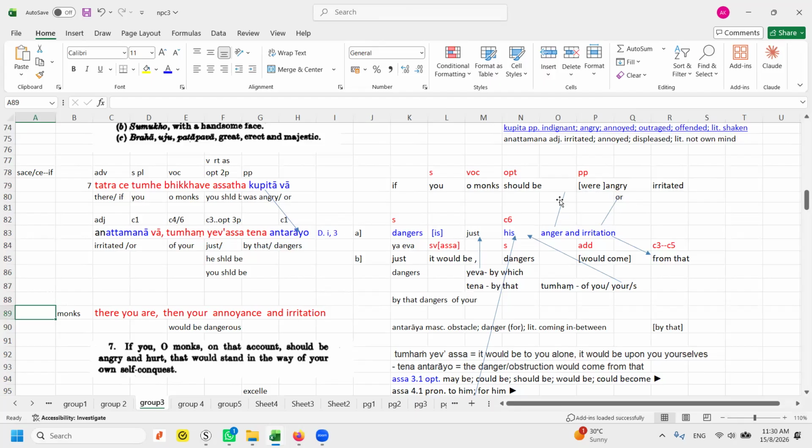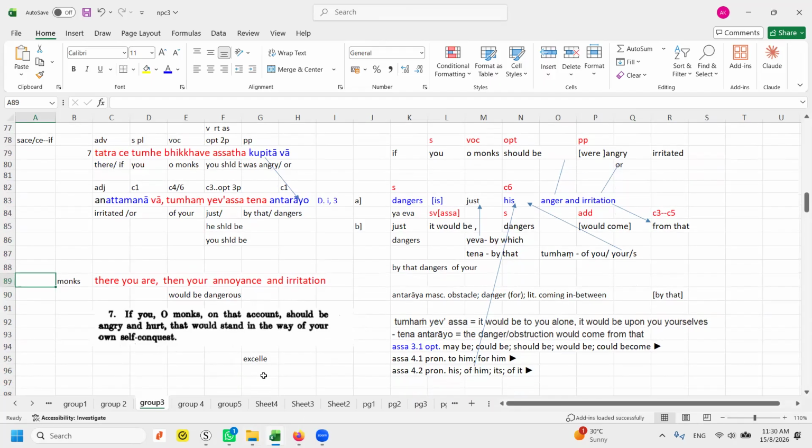So I think using "were angry and irritated" is better. Okay, your anger and irritation is the danger. That means you say then your annoyance and irritation would be dangerous. So you can rephrase whatever way you want.